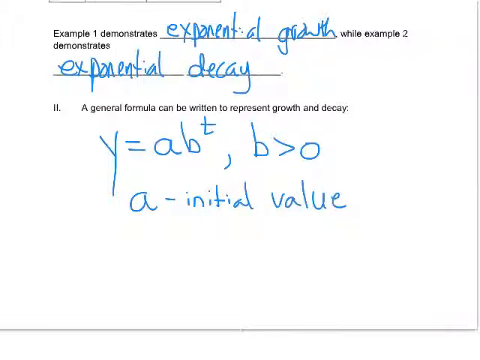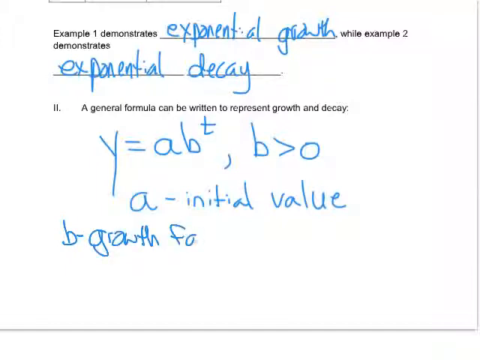A is the initial value, which should make sense, because when time is 0, I don't care what b is. Any base raised to an exponent of 0 is going to be 1. So this part would be 1, and you're left with a. That's why a is the initial value. B we call the growth factor. That is not the rate.